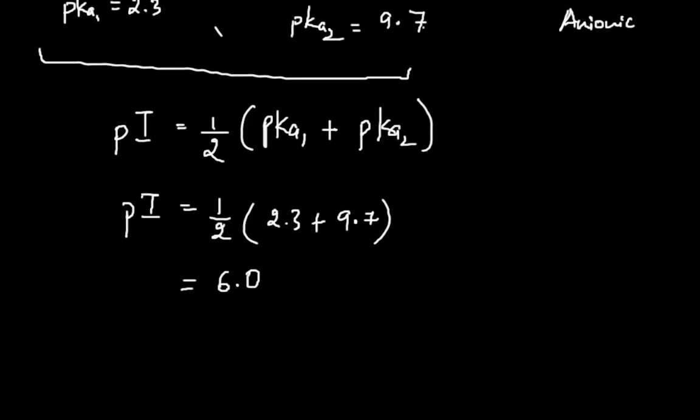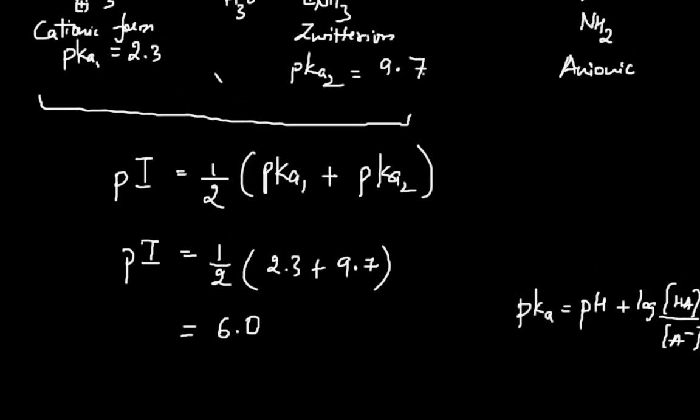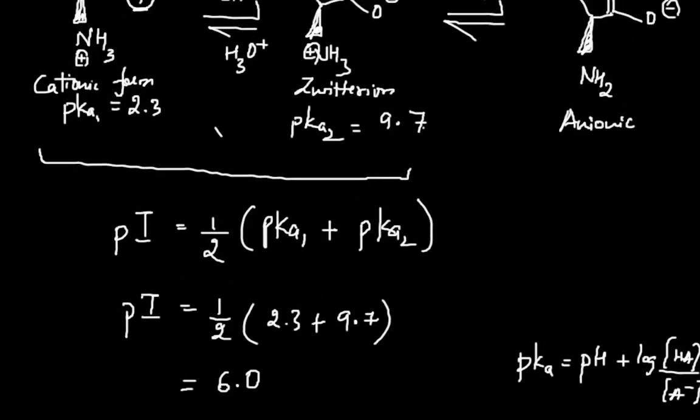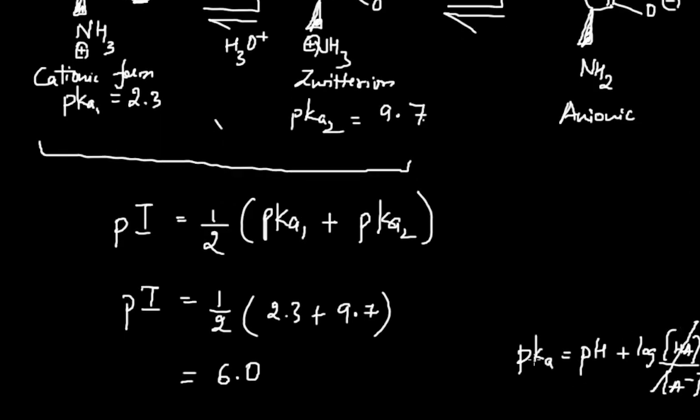That is because of your Henderson-Hasselbalch equation. pKa will be equal to pH plus logarithm of concentration of acid divided by concentration of base, right? So because of this, when pH becomes 2.3, from half of the molecules the proton would have been taken away.